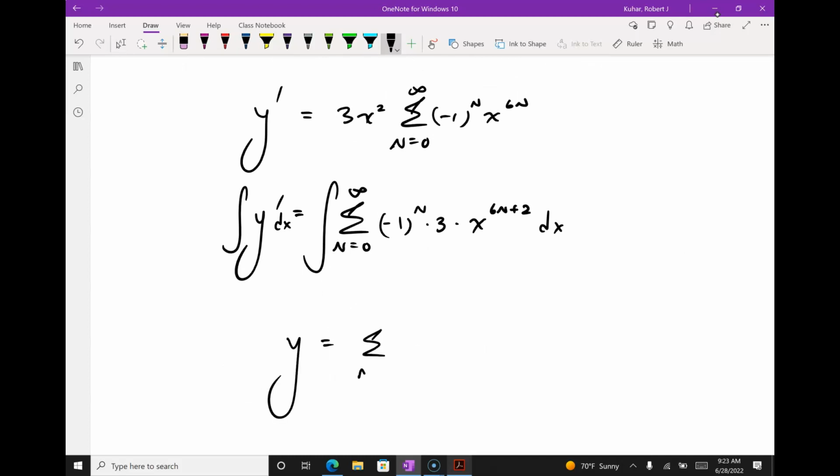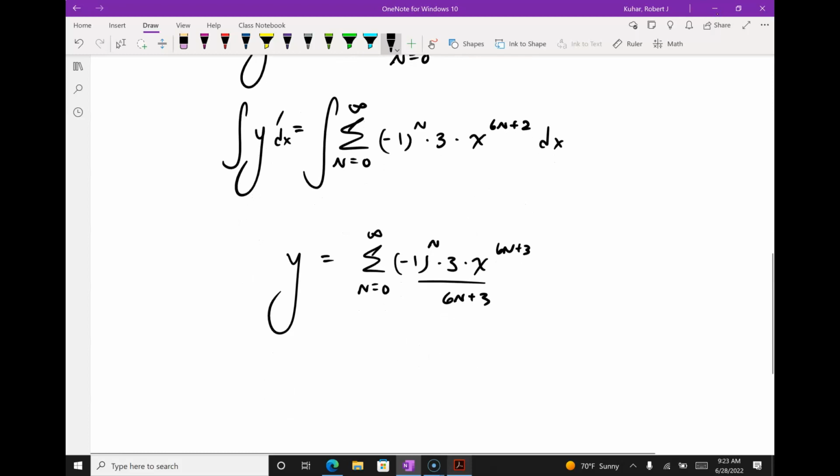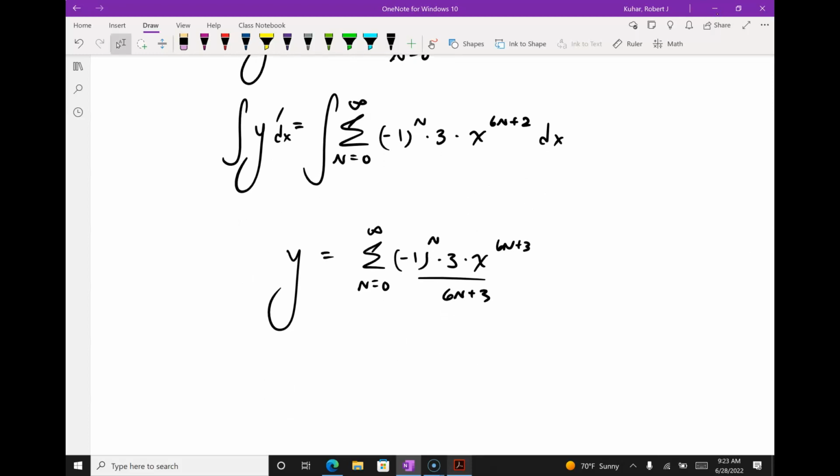And so what do I get? The sum of n equals 0 to infinity of negative 1 to the n times 3. I have to add 1 to my exponent and divide by that new exponent. Remember, I said I want to be careful.